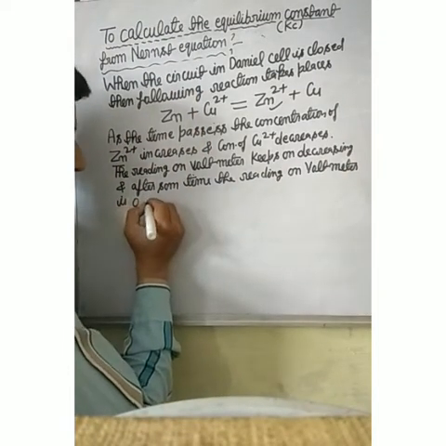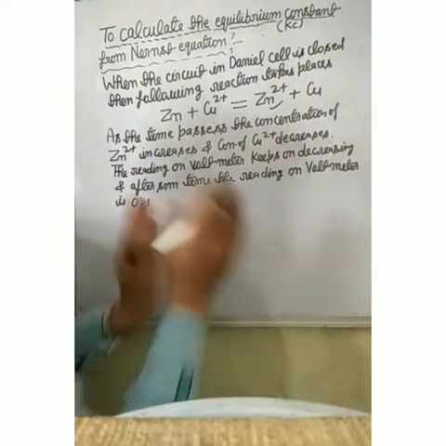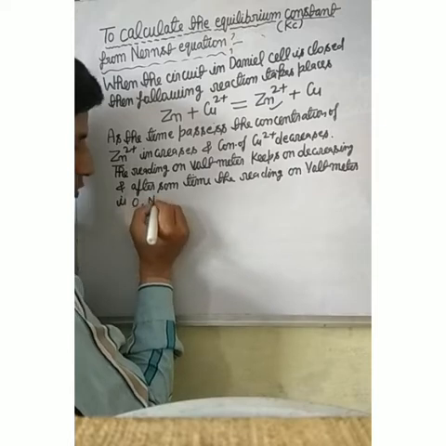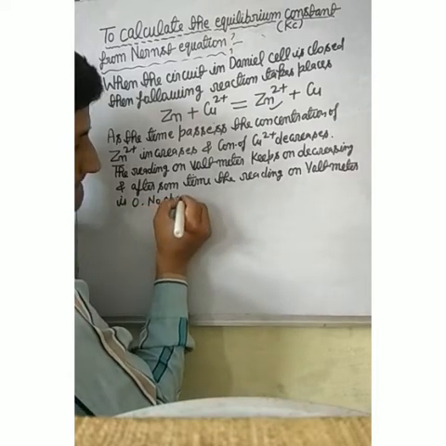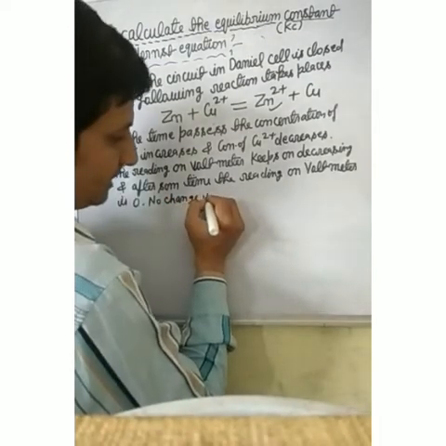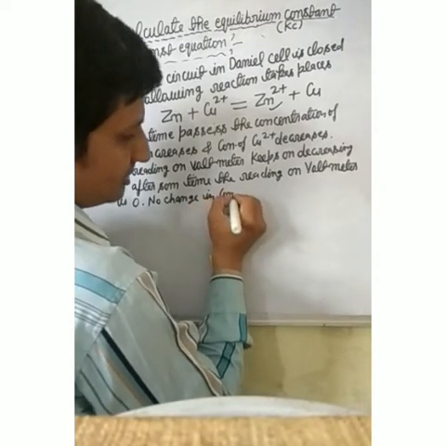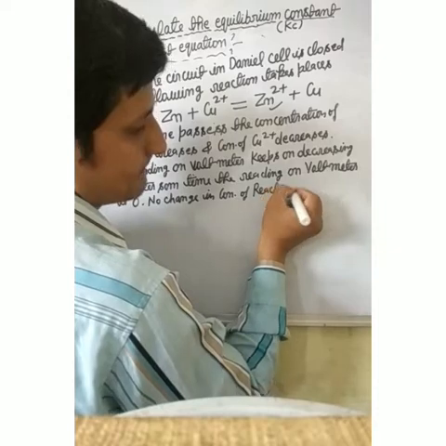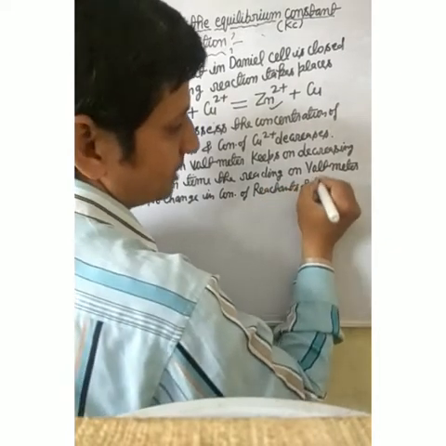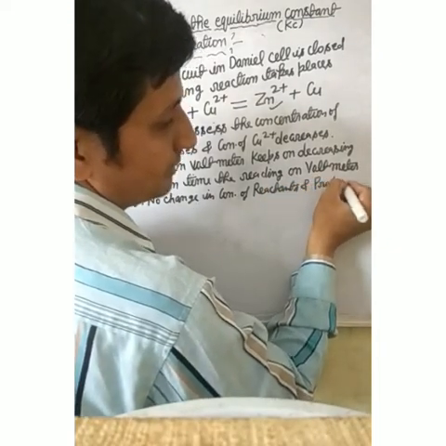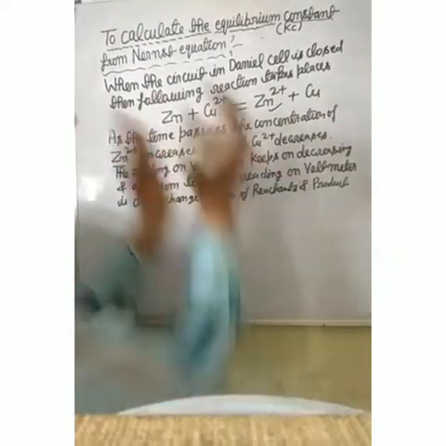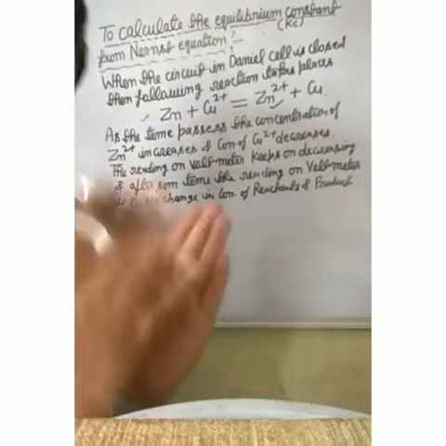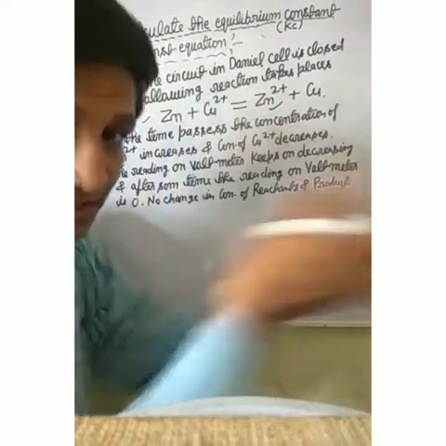It means there is no change in the concentration of reactants and product. Now, when there is no change in the concentration of reactant and concentration of product, it means equilibrium is reached.